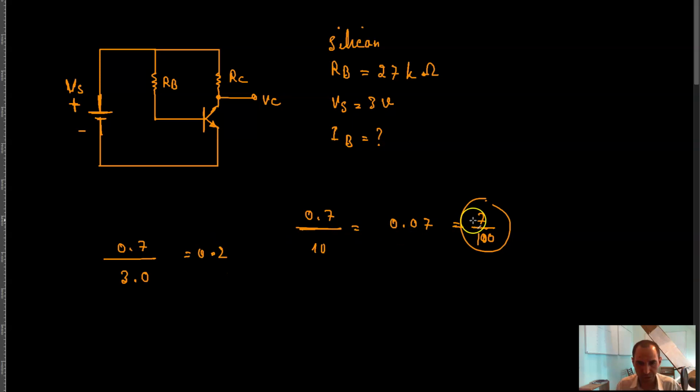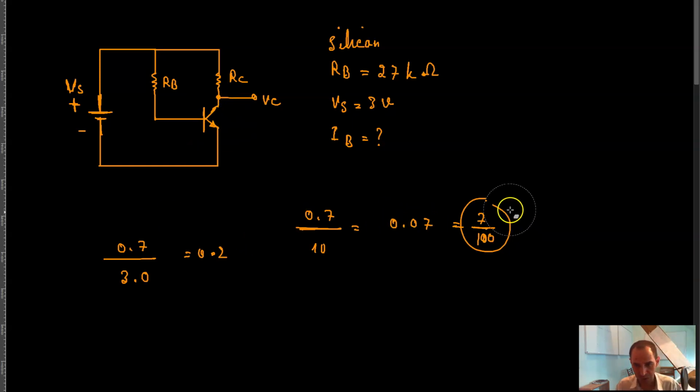Relative to 7 hundredths, that is a pretty large number. So in such cases, the voltage drop across your p-n junctions has to be taken into consideration.